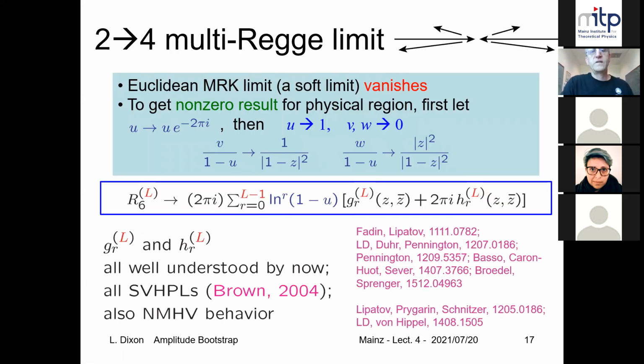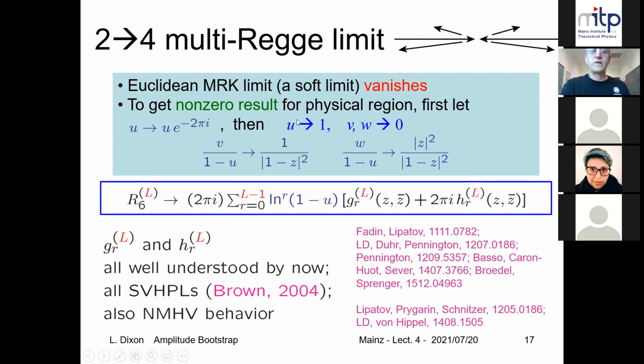To be more specific, if we go into the 2 goes to 4 multi-Regge limit in the 6-point case, when you work out what this kinematics corresponds to in terms of the dual conformal cross ratios, you find that u goes to 1 in this region and v and w go to 0. Now that is actually an endpoint of 2 collinear lines. We call it a soft limit.